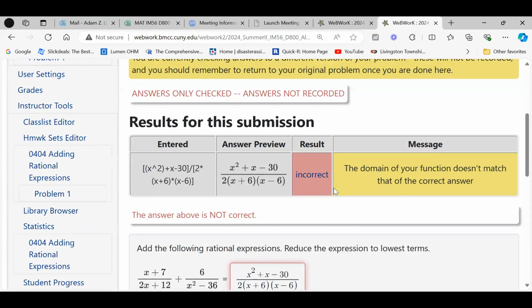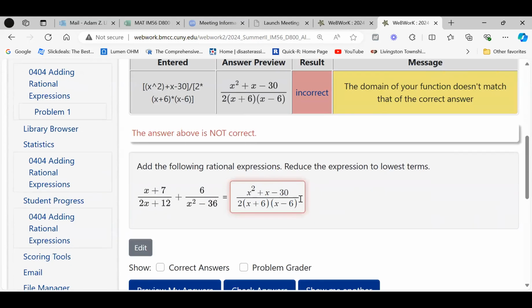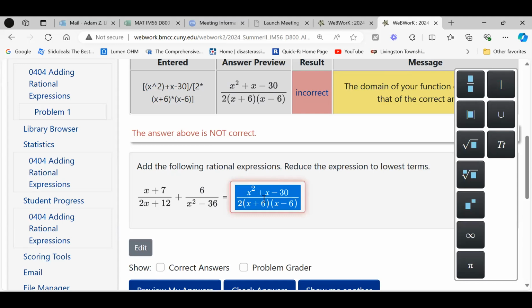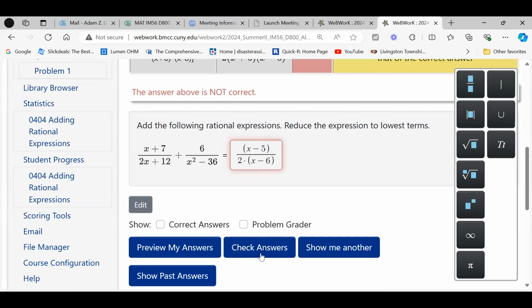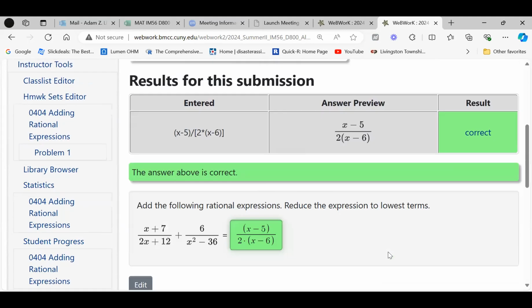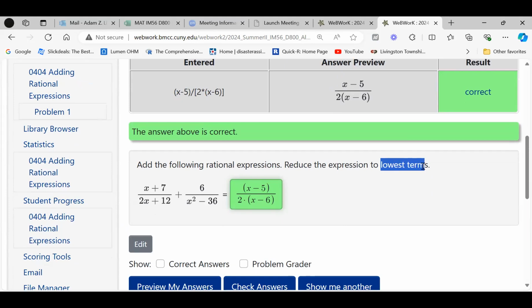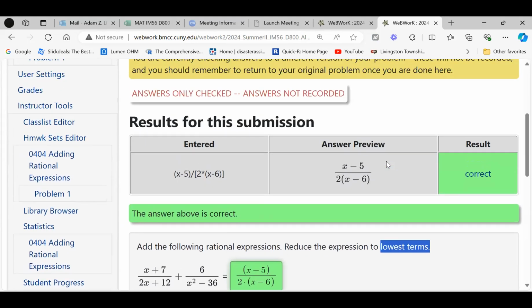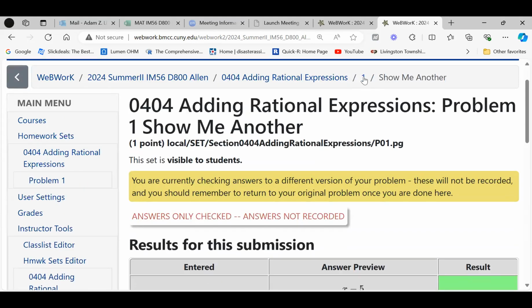You have to factor completely, otherwise they wouldn't give you credit for this. So I just want to show you what happens if you forget to do the last step. You didn't get credit for this. So it has to be simplified to the lowest terms. So very important.